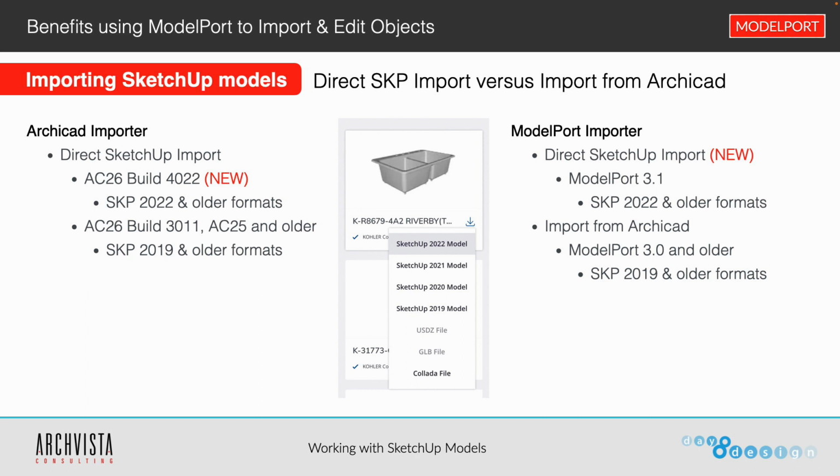Now, when you import an object from ArchiCAD or ModelPort, I want to make sure we understand the direct SketchUp import versus the import from ArchiCAD. So if I'm importing using the default process in ArchiCAD, and I import that SketchUp object in, that's a direct SketchUp import, right?